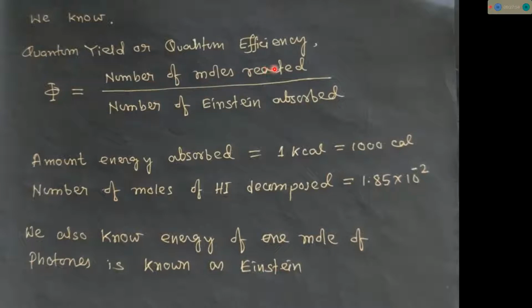Number of moles decomposed is given in the question, but if this much energy is absorbed in this reaction using light of wavelength 2530, then how many Einstein are absorbed? This much energy is equivalent to how many Einstein? Now we have to find that.